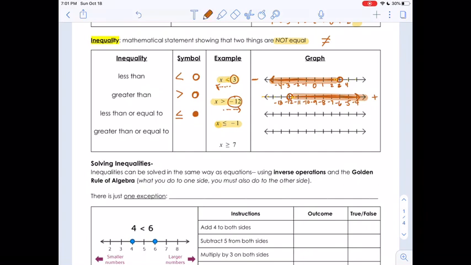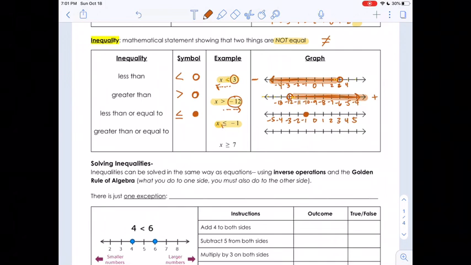So I'm going to set up my number line here. I'm going to make sure that I have negative 1 on there. So I'll do 0, negative 1, and to the right. So we have that x is less than or equal to. So we're going to put a closed dot on negative 1 because the answer can be equal to negative 1, but it can also be less than.